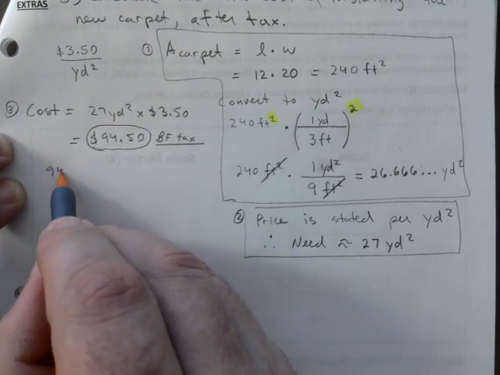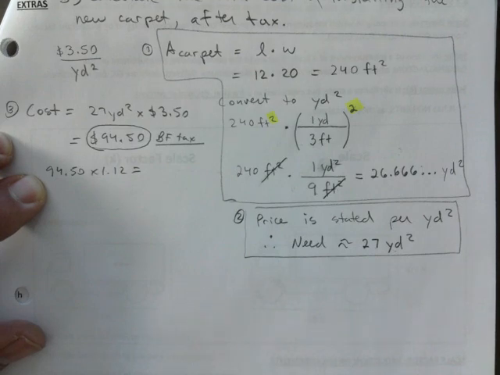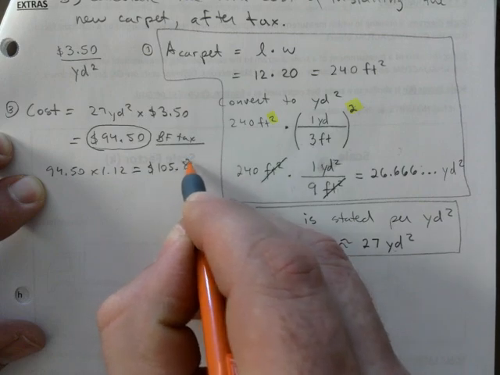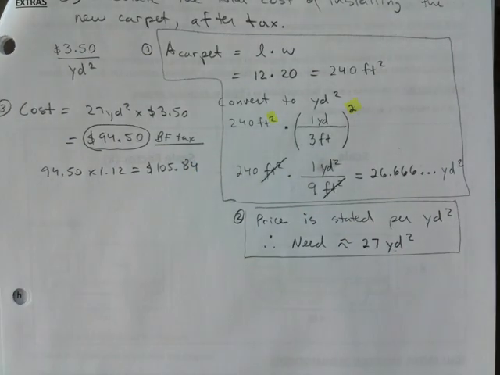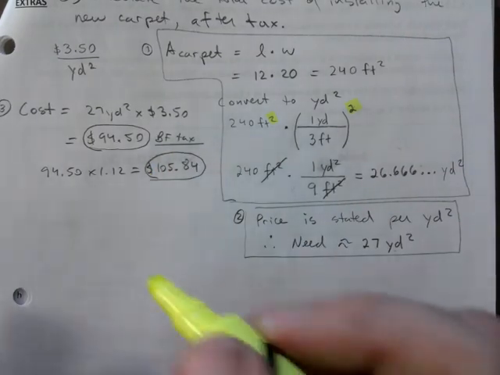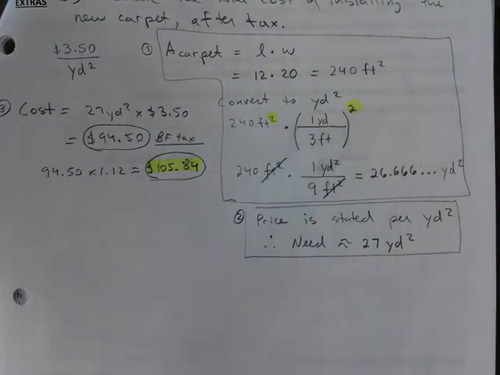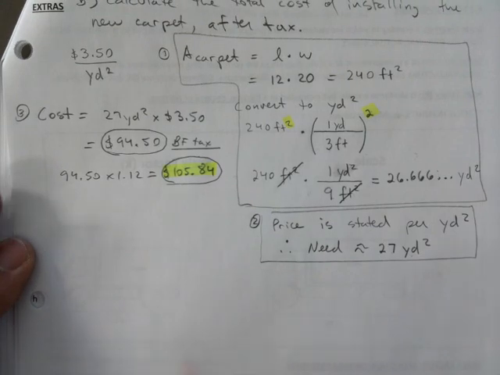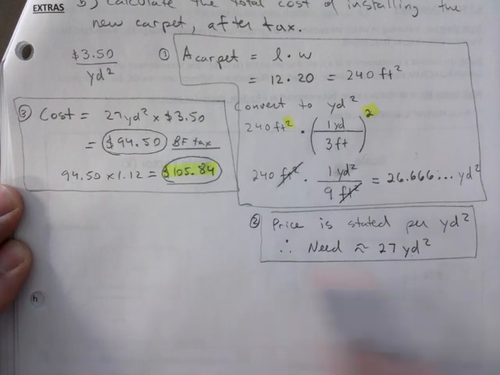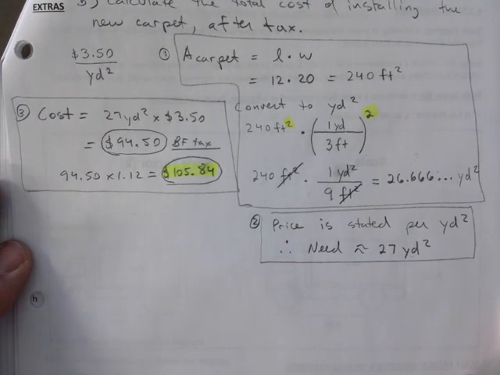Right? 94.50 times 1.12 is after tax. This is actually the number we're after here, so I'm just going to highlight that. That's step 3. So I know measurement is sometimes messy and you might do it slightly differently. I'm okay with that. Okay.